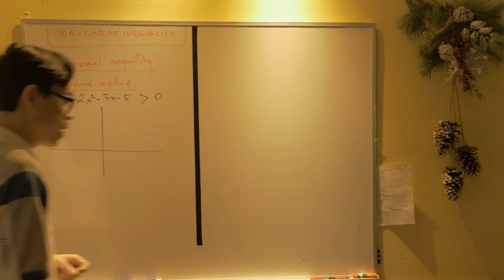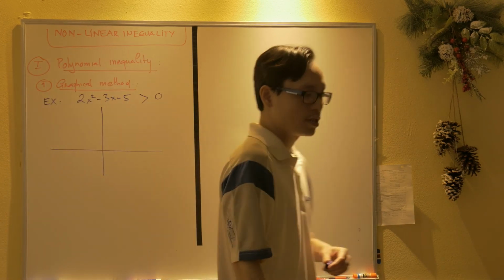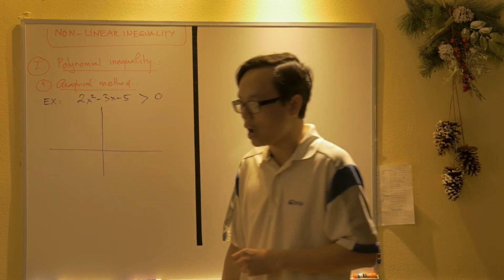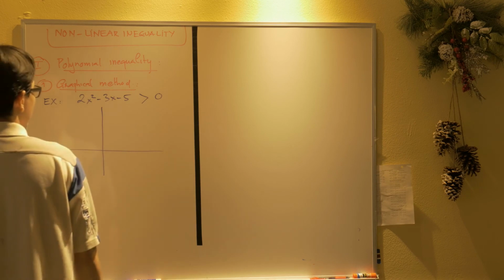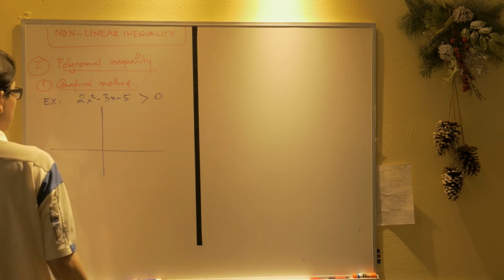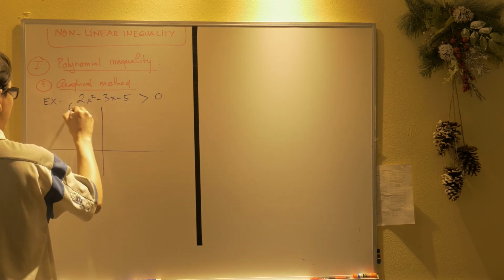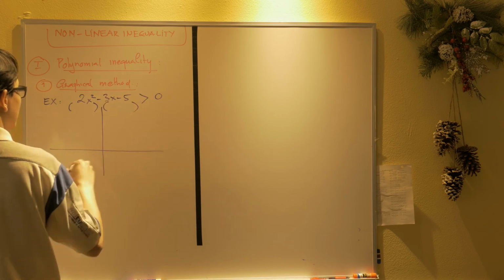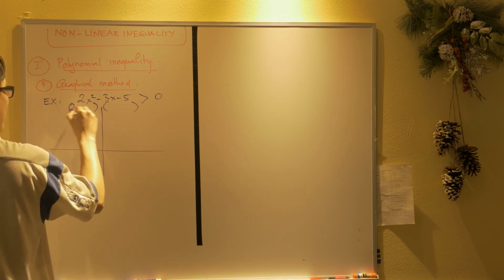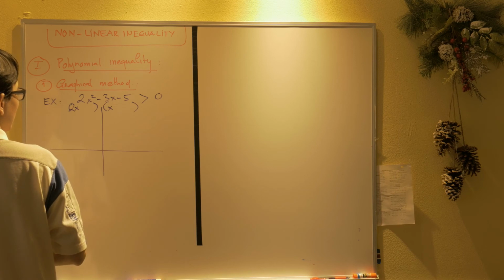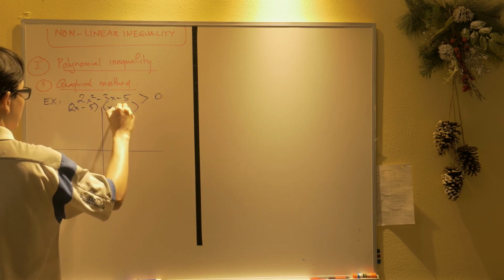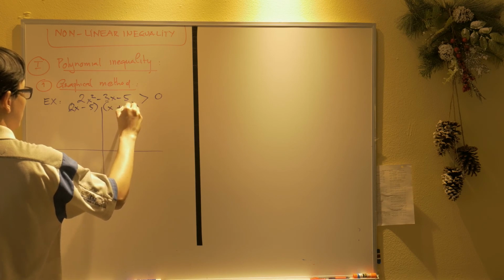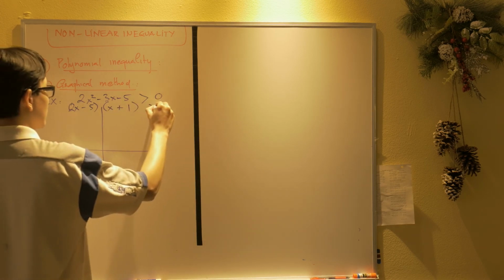And in order to graph it fast, you just need to find the x-intercepts of this quadratic expression. In order to find the x-intercepts, I want to factor this. I can factor this to give you (2x - 5)(x + 1) greater than 0.